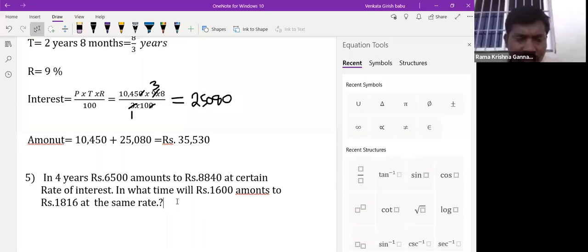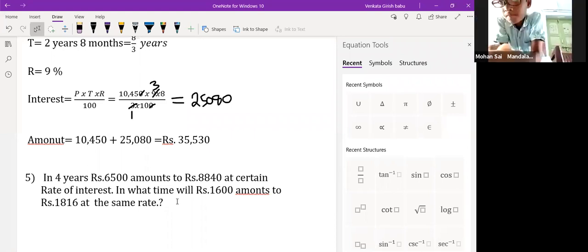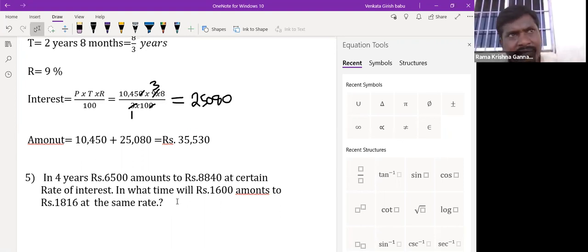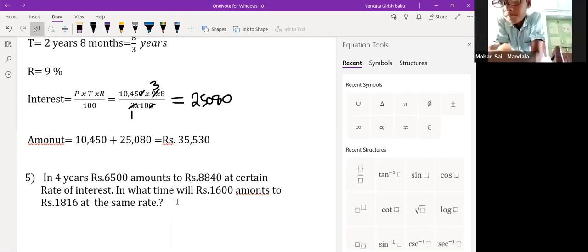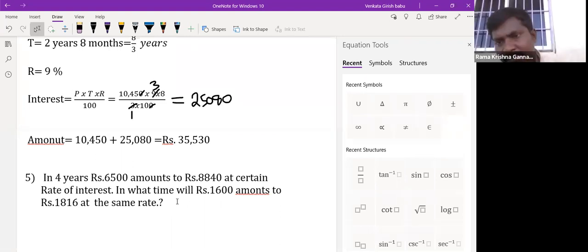Okay, wait. The time value was taken wrong in that problem. That's why I said once again, listen.